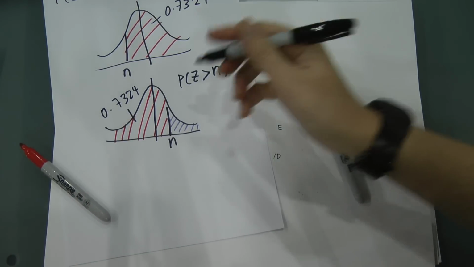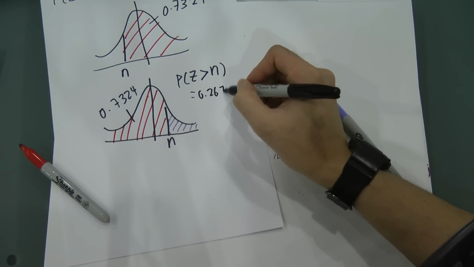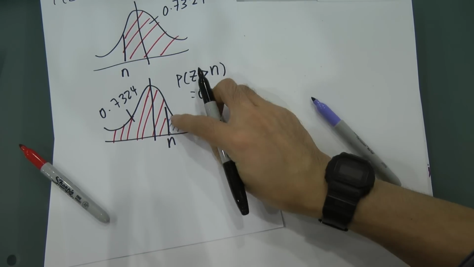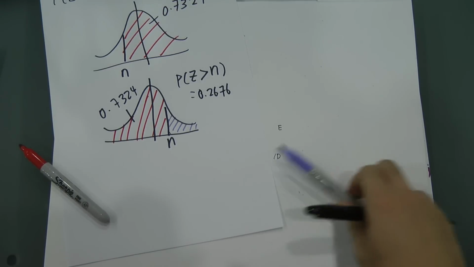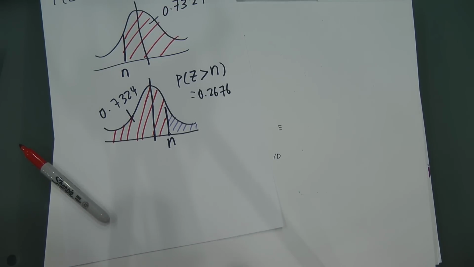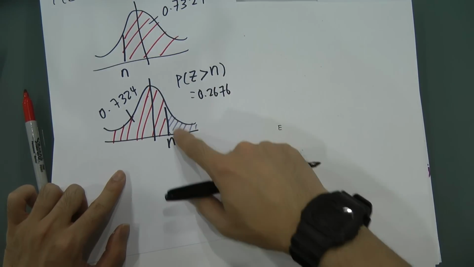I get the value 0.2676. That means the purple area here is actually 0.2676.